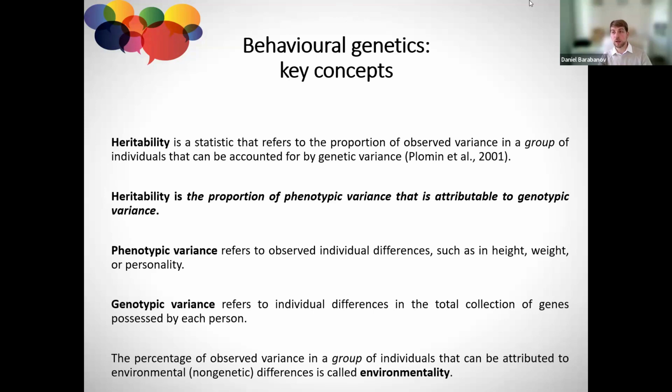So, heritability and environmentality. If we have a group of people and they have differences, what proportion of this variance can be attributed to genetic variance, heritability, or environmental factors, environmentality?